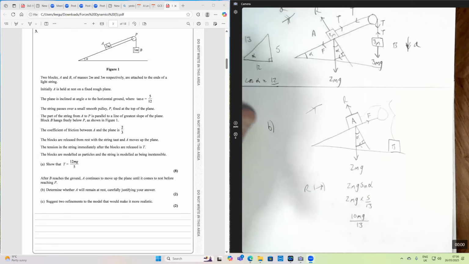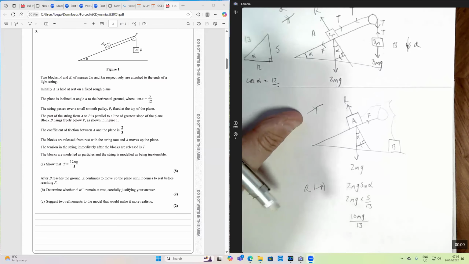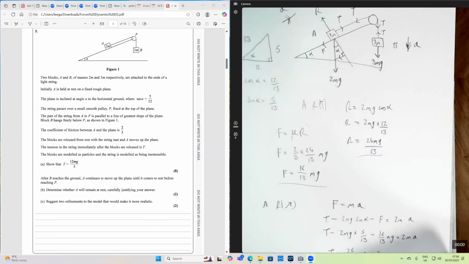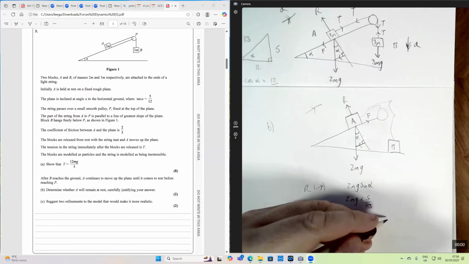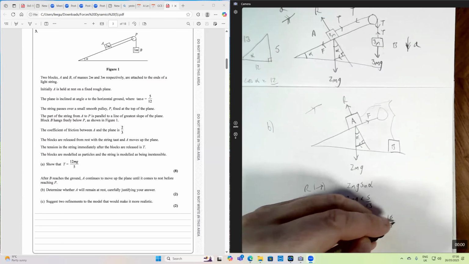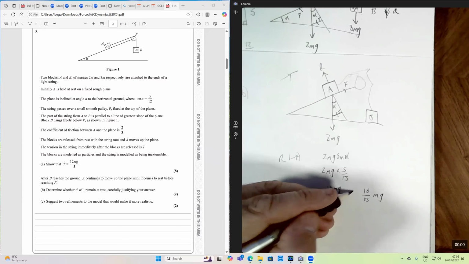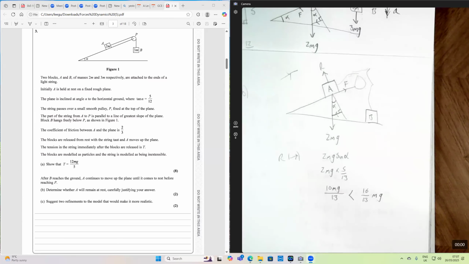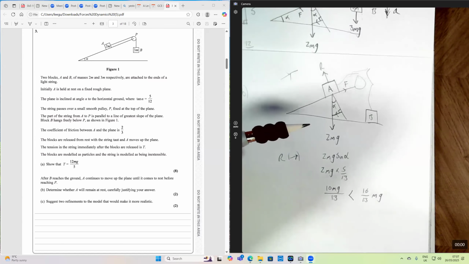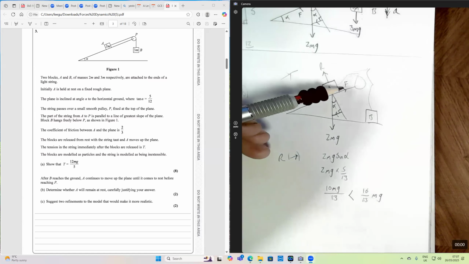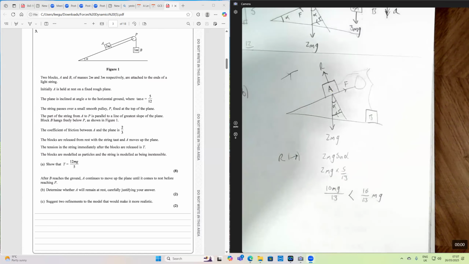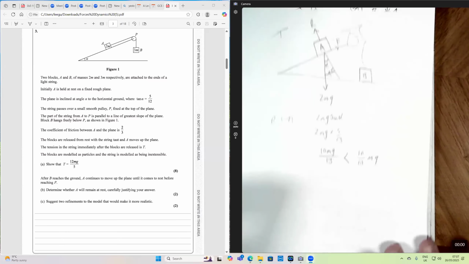Let's see what the force acting up the slope is. Well, our frictional force, you may remember, was 16 over 13 mg, acting up the slope. Now, this 10 mg over 13 is less than 16 over 13 mg. In other words, the component of the force that's pulling it down the slope is less than the frictional force that's holding it in place. So therefore it will not move.